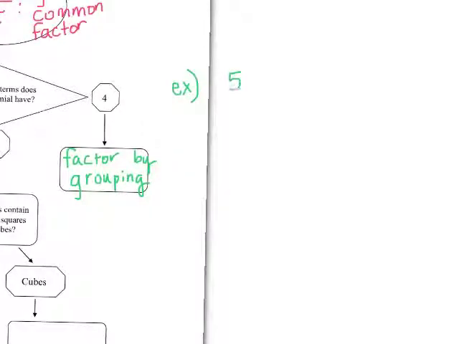So 5x cubed minus 10x squared plus 2x minus 4. So this is 4 terms because you have 1, 2, 3, 4 terms now.